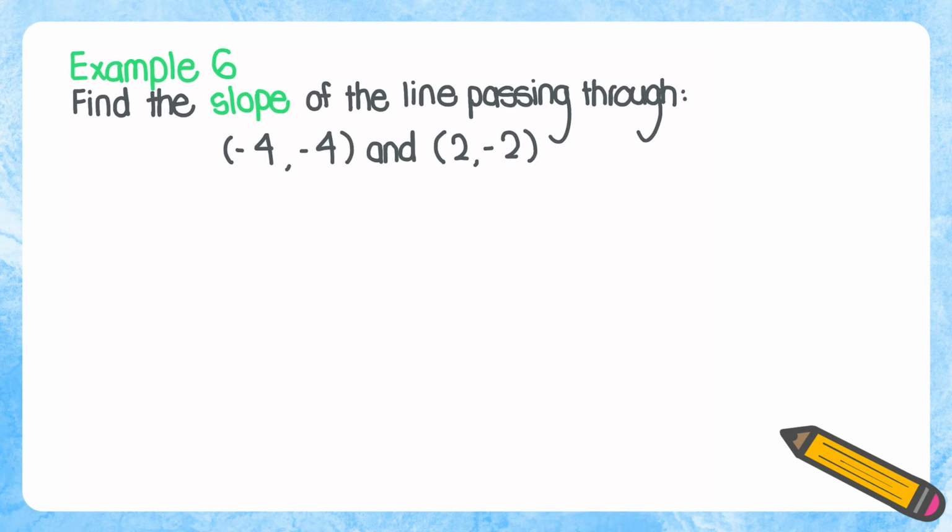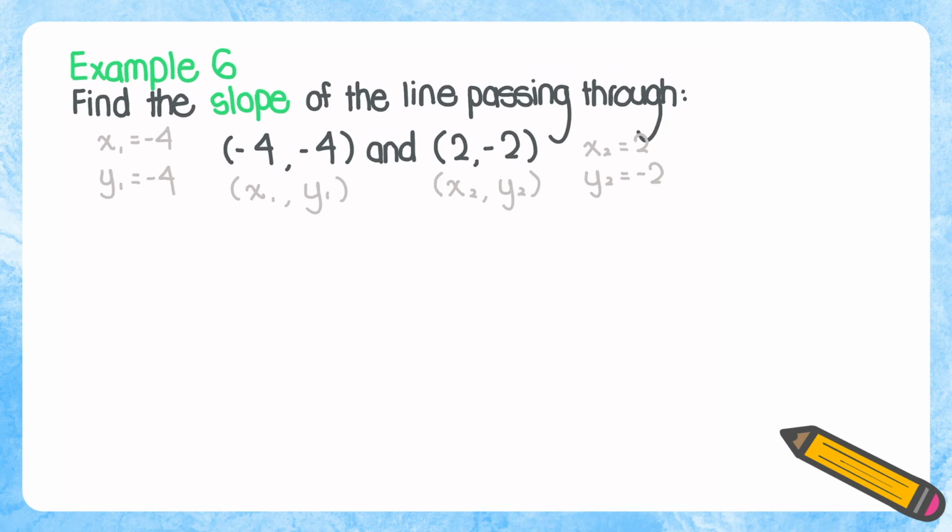So our first coordinate is x sub 1, y sub 1, and our second coordinate is x sub 2, y sub 2. So we have that x sub 1 equals -4, y sub 1 equals -4, x sub 2 equals 2, so positive 2, and y sub 2 equals -2.